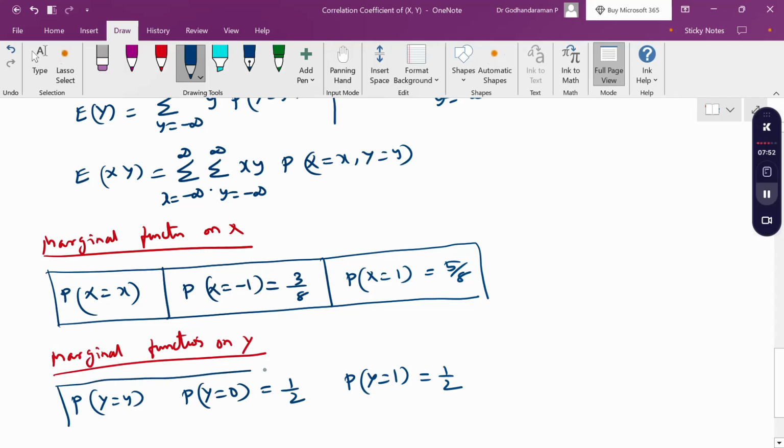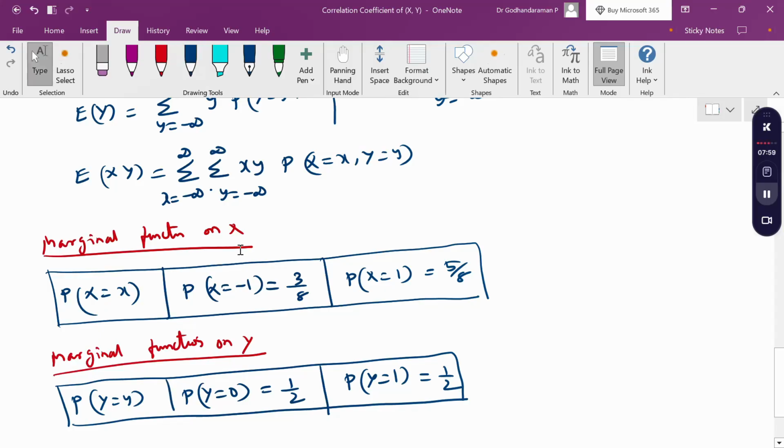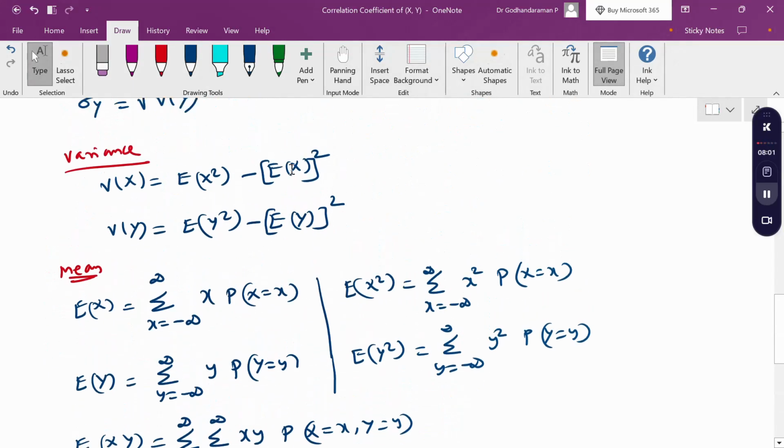So this is our marginal function of Y. These are the formulas for calculating the correlation.